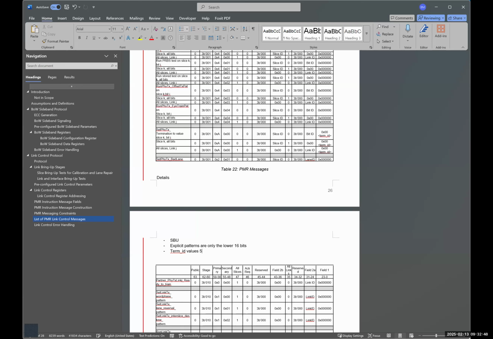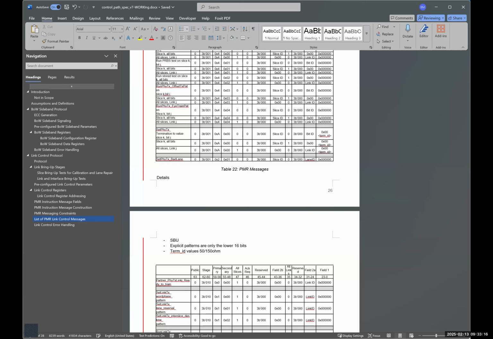Paul, do you also have something similar in your implementation? Yeah, we do. Should we give it specific values, like term ID 0 is 50 and term ID 1 is 150, for the two options? If we give it specific values, then maybe we keep it consistent for all implementations.